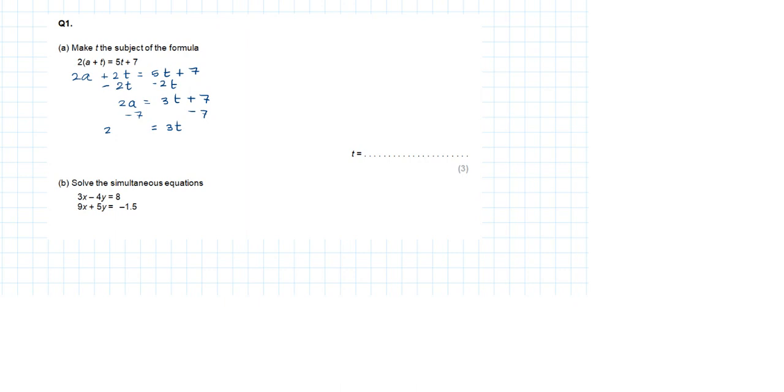And you're left with 2a minus 7. And then to get t on its own, you divide both sides by 3. So t is equal to 2a minus 7 over 3.